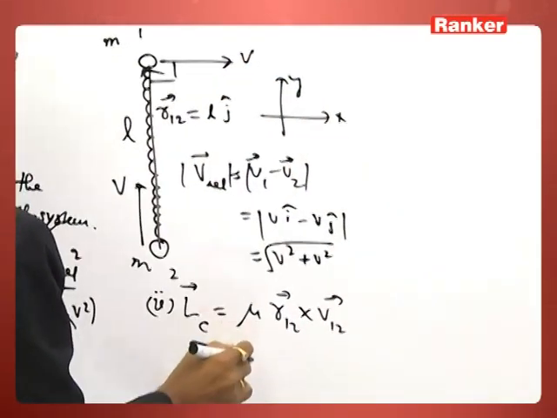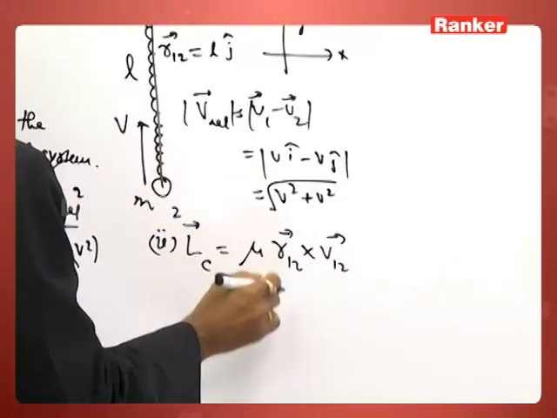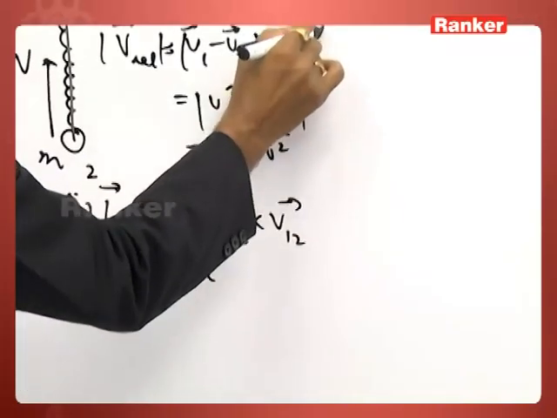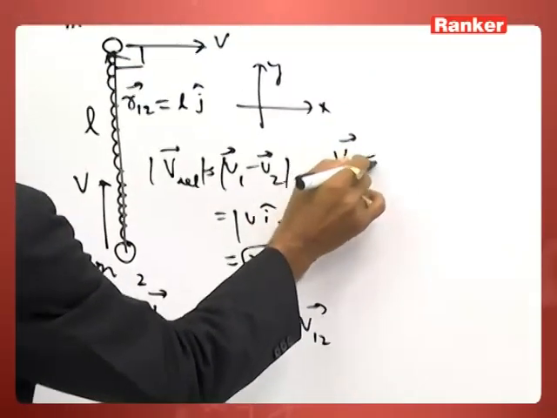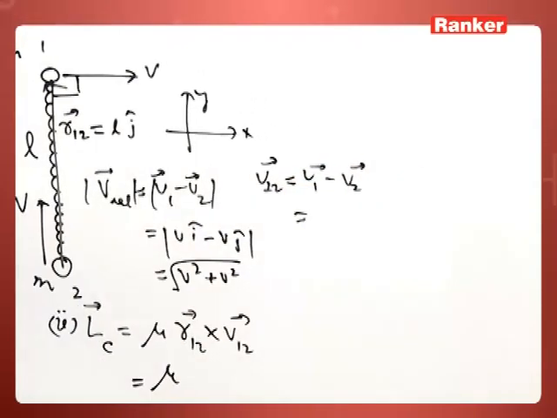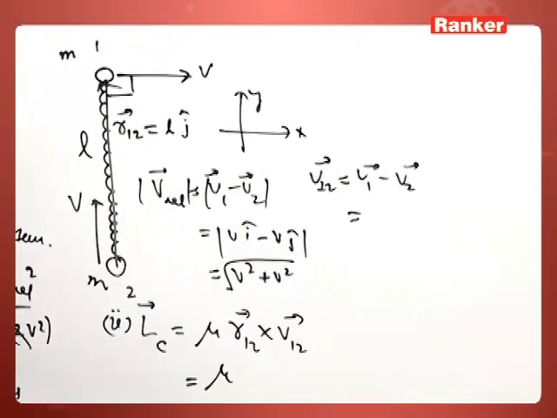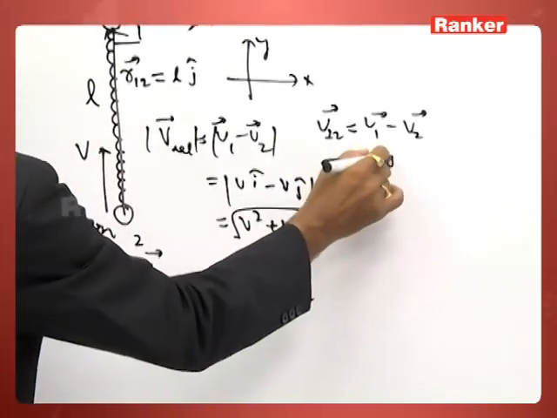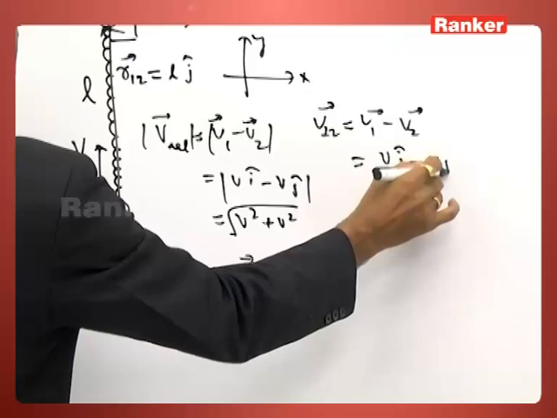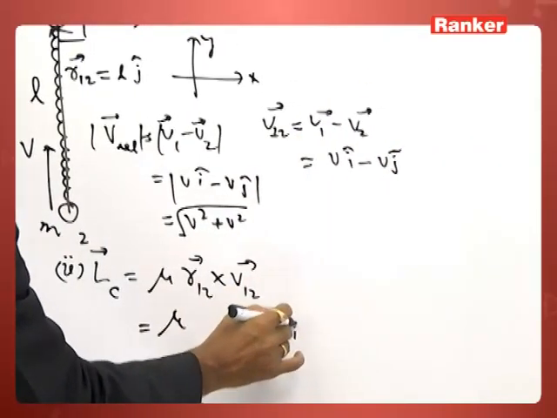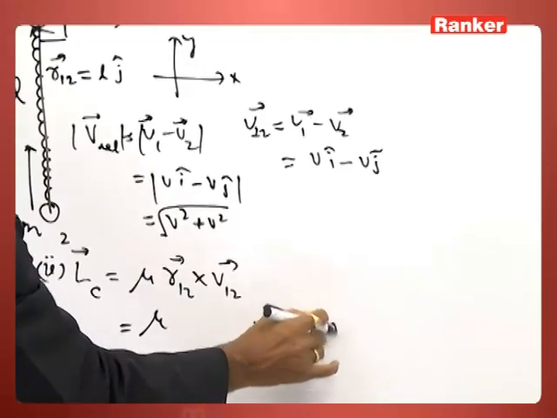V12 is equal to V1 minus V2, that is equal to V i cap minus V j cap. So instead of V12 I can write V i cap minus V j cap.